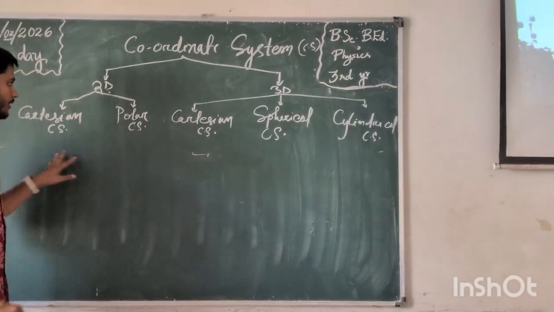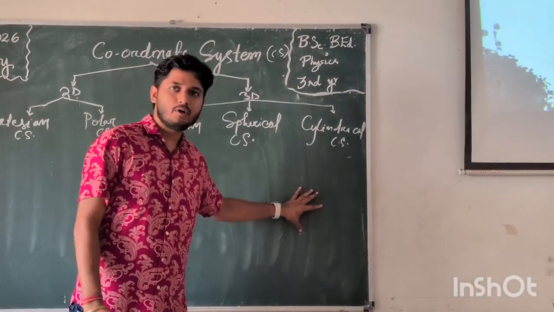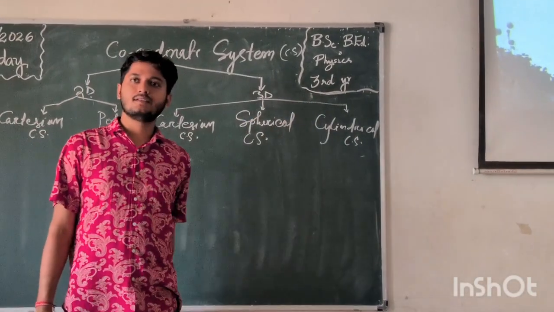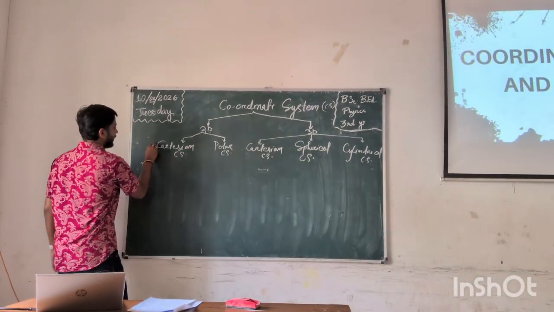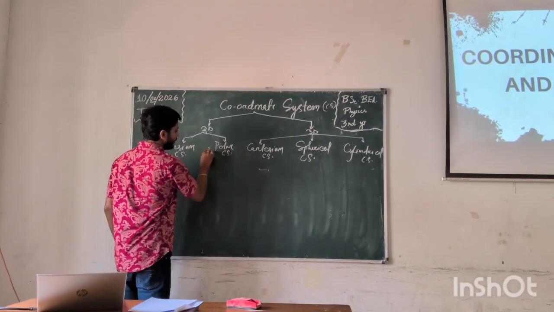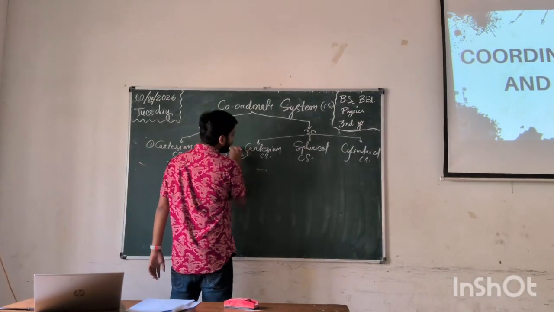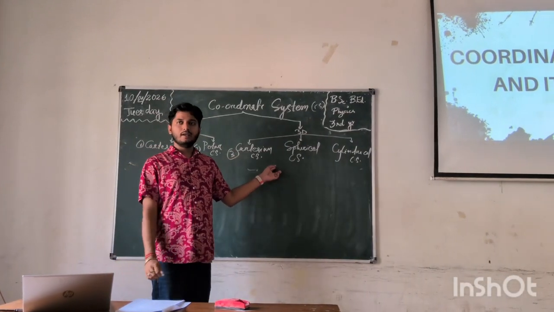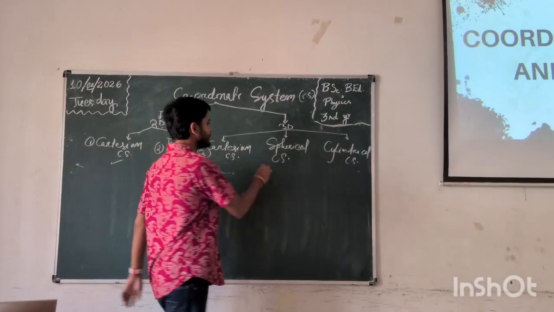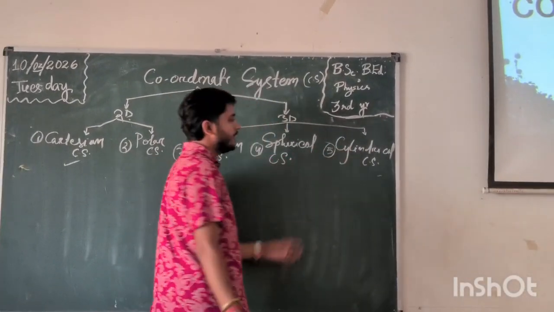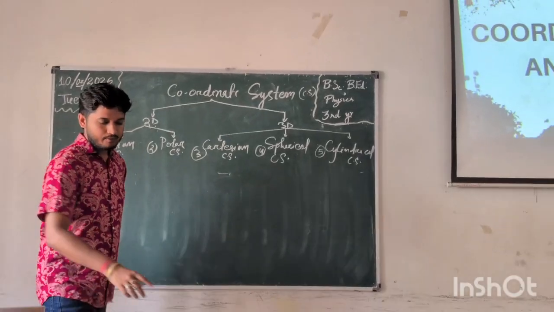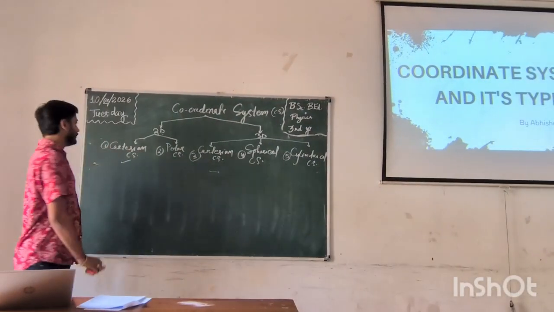So these are the 5 types of coordinate system we are going to study in this seminar. First is the Cartesian coordinate system, second is the polar coordinate system, third is the Cartesian coordinate system in 3D, fourth is the spherical coordinate system, and fifth is the cylindrical coordinate system. One by one we are going to discuss these.